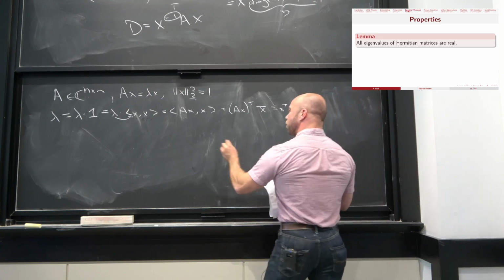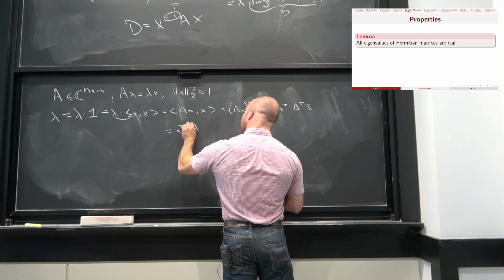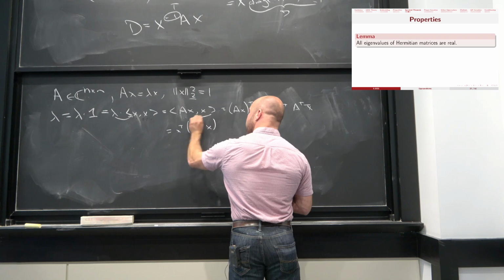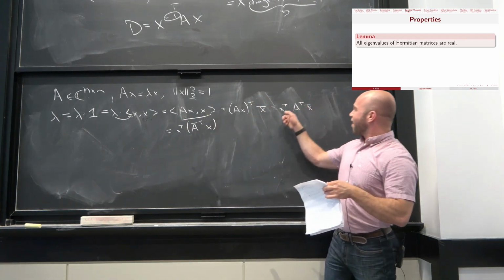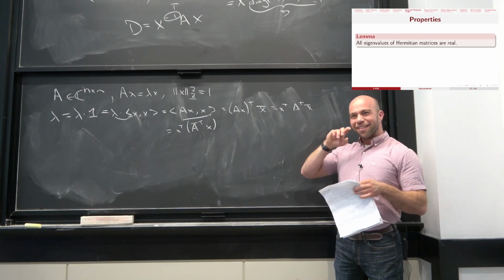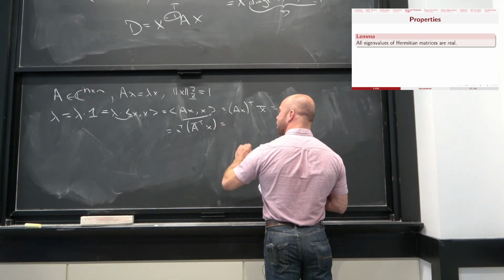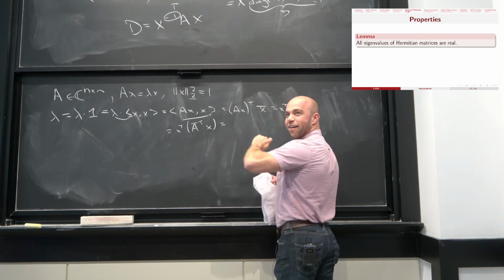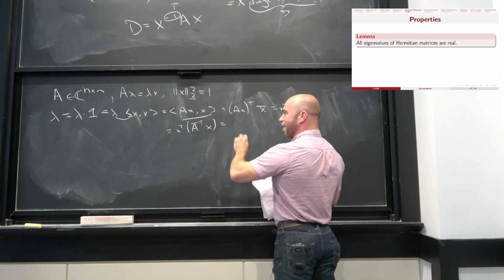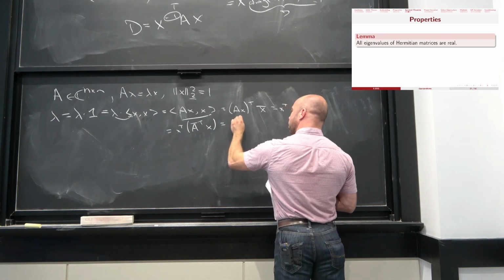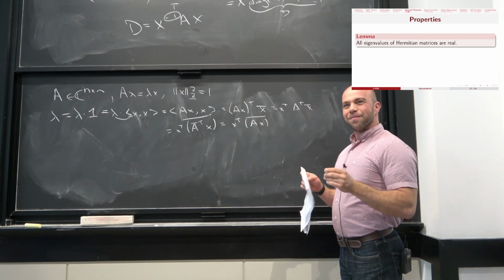So this is equal to a funny thing, which is x transpose A conjugate transpose x conjugate. Notice that these two bars just cancel out. That's all that's happened here. I'm just making a really complicated expression. And why? Because what is a conjugate transpose if A is Hermitian? It's just A. This is x transpose A x conjugate.